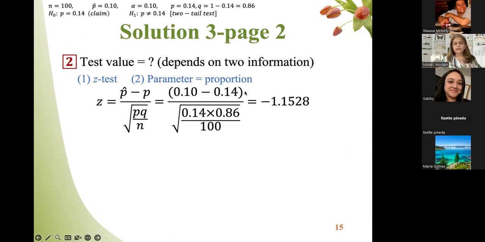So 0.10 minus 0.14, in parentheses, divided by the square root of 0.14 times 0.86 divided by 100. I end up with a test value of negative 1.1528.